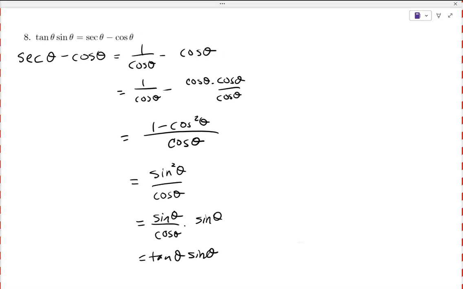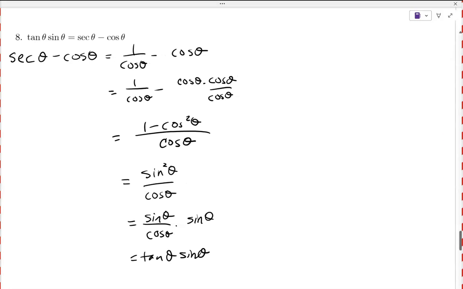I said you could go from the left-hand side to the right. Basically this is what it would be. Just read this thing backward. Is that what you did? Was it backward? Absolutely. You could do it that way. Start here. Make this here. Multiply it.